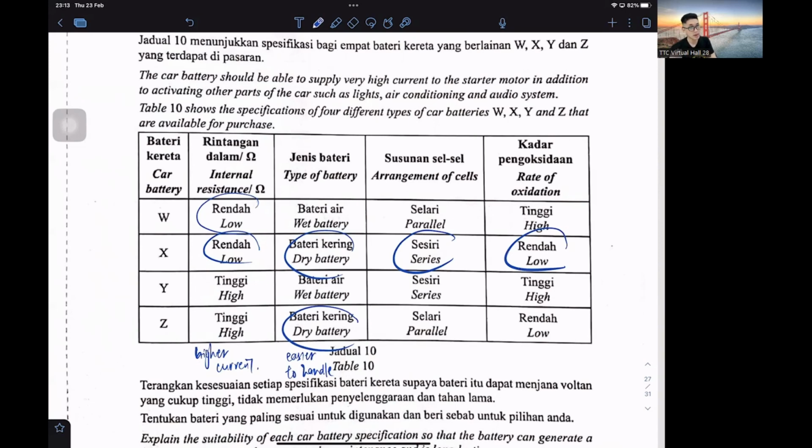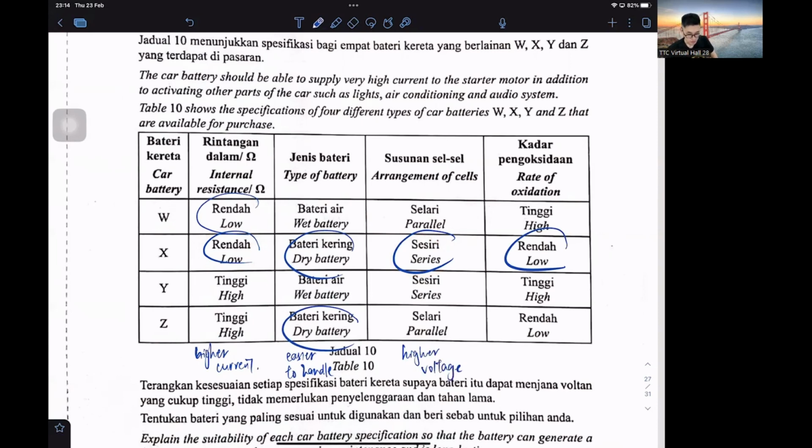Although you always say parallel will have lesser resistance, since we already chose a lower internal resistance one, we can put them in series. No problem. Since you already know the answer, you must explain it to them. Series will have higher voltage, because in a series, all the voltages add up together.